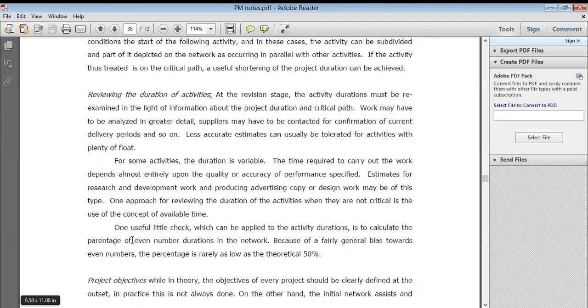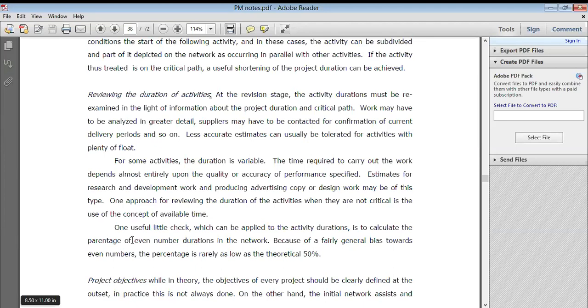So for some activities the duration is variable. Sometimes the work you carry out depends almost entirely upon quality and accuracy. Of course quality is important, not like, 'I had to do the work, so I did it and submitted it.' No, because auditors and compliance check everything.